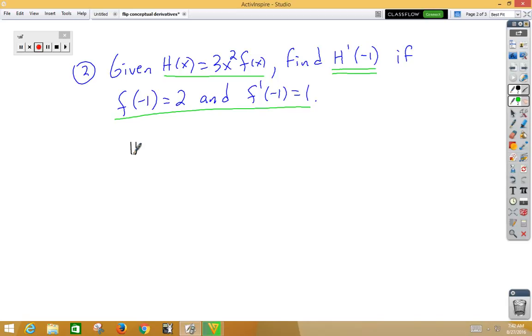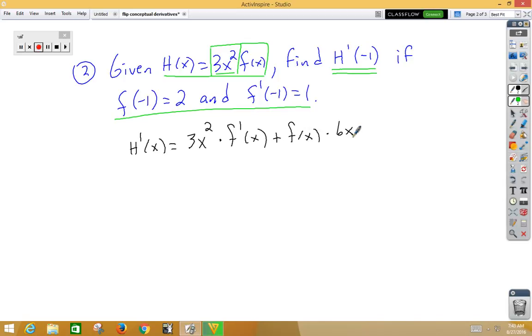So h prime of x is equal to, our first function is 3x squared. Our second function is f of x. So we have first function 3x squared multiplied by the derivative of the second function plus the second function multiplied by the derivative of the first function. So the derivative of 3x squared is 6x.